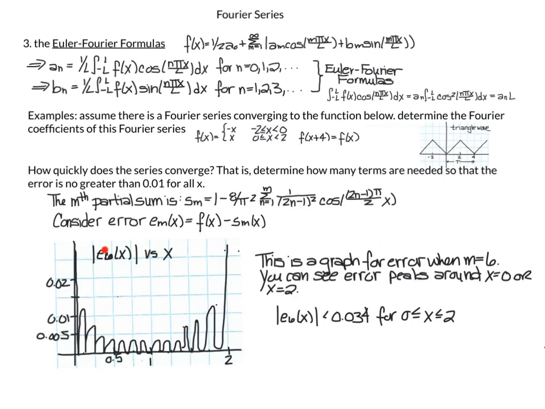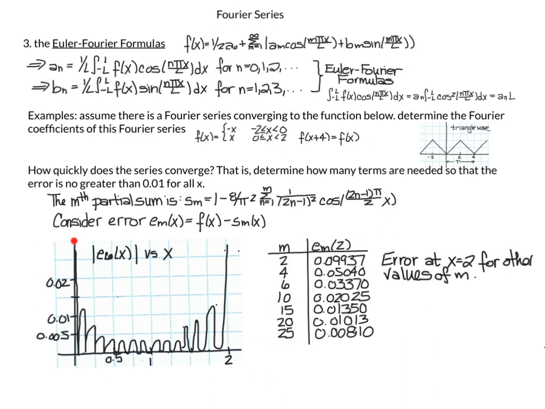I have this graph for E6, for when we let m equal 6 versus x. What you can see is that the errors peak at x equals 0 or 2, and in particular it peaks somewhere around 0.03, in particular 0.034. It's less than 0.034 for x between 0 and 2. Since the error peaks at 0 or 2, I can look at E sub m of 2.